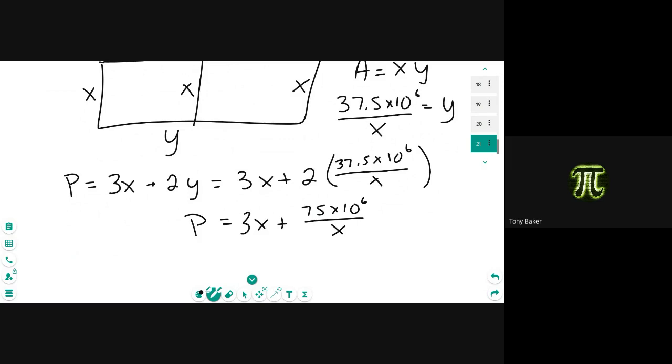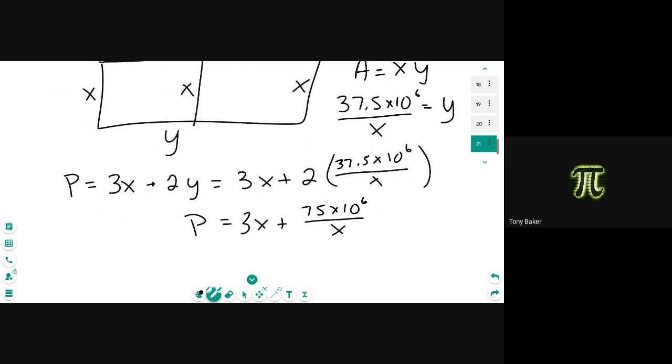And then find the first derivative of that, and then set it equal to 0. The 75 times 10 to the 6 is just a constant over x, so it's not harder. It's not ln, that's the opposite direction.